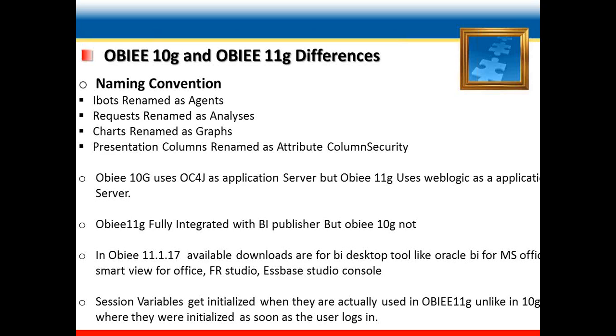And now the last one: session variables get initialized when they are actually used in 11G, unlike in 10G, where they were initialized as soon as the user logs in. These are all the OBIEE 10G and 11G differences.